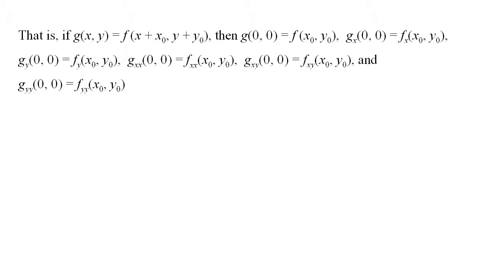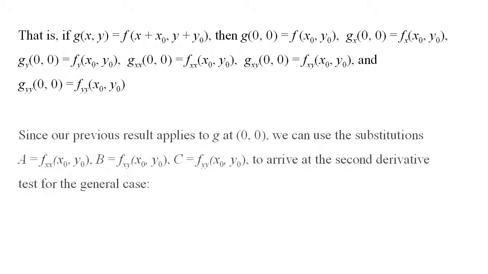In other words, if we let g of x, y be f of x plus x0, y plus y0, then g at the origin is the same as f at x0, y0, and furthermore, all the partial derivatives of g at the origin are the same as the partial derivatives of f at x0, y0. Since our previous result applies to g at the origin, we can use these substitutions for a, b, and c to arrive at the second derivative test for the general case.